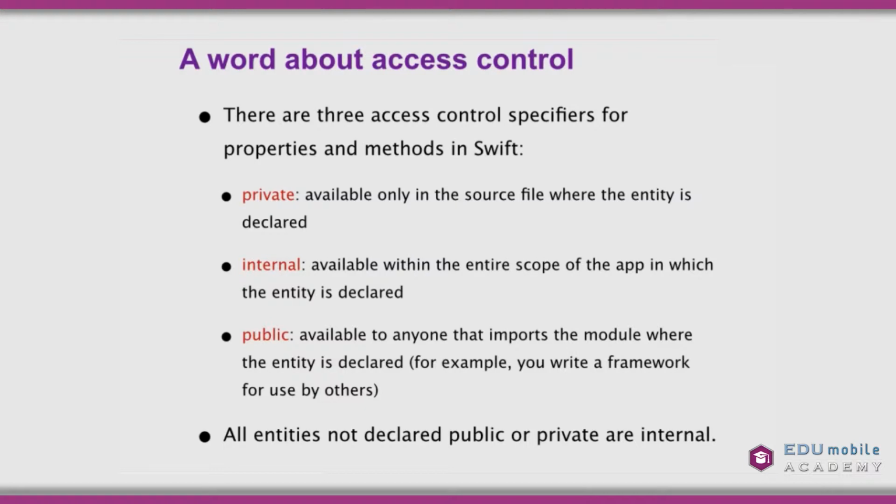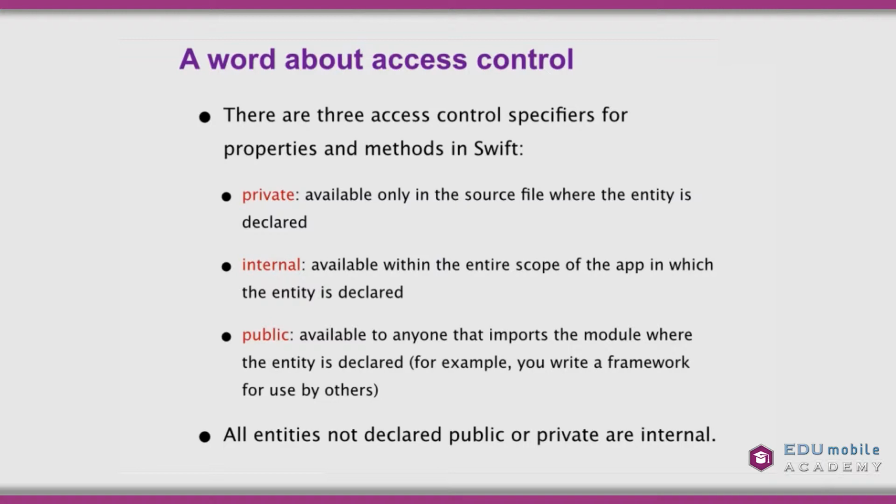If you define something as public, it's available to your app or your framework that you have designed, and it's also available to anyone that imports the module where that is declared. So for example, you have a modular application that has many different modules, many different apps inside it, or you write a framework and you want to expose that framework to the public for them to use.